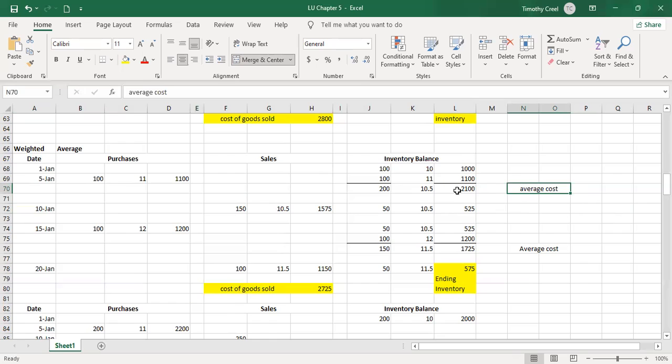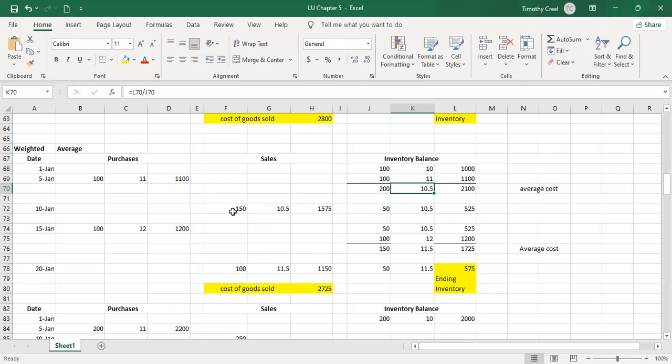An average cost is simply you take the total value of the inventory, divide it by the units, and you come up with your average cost per unit.